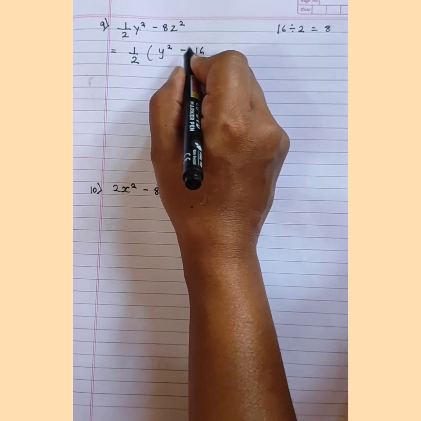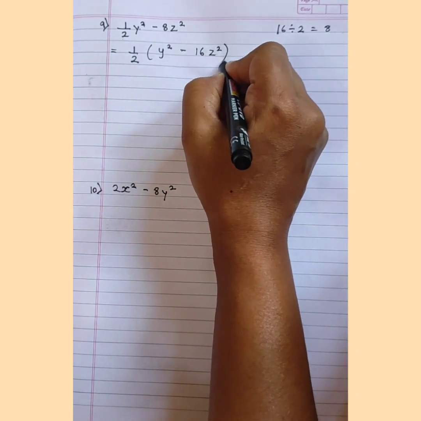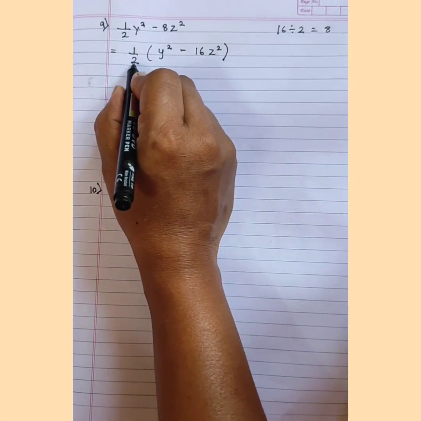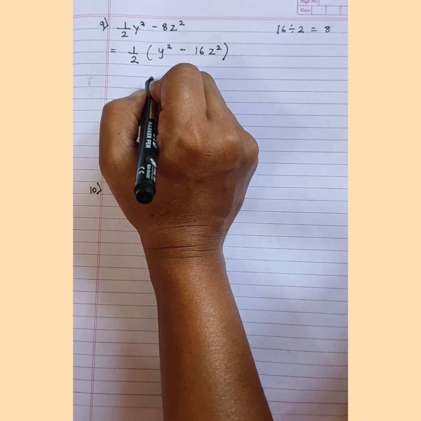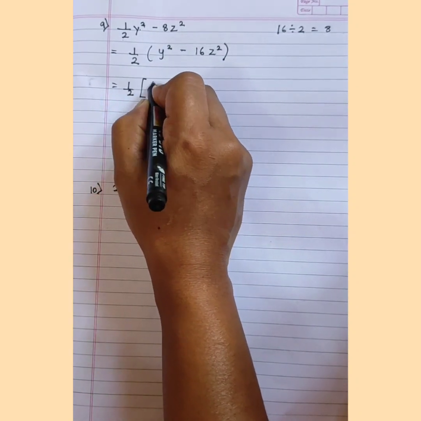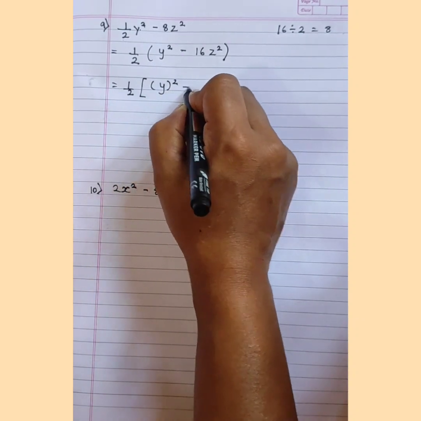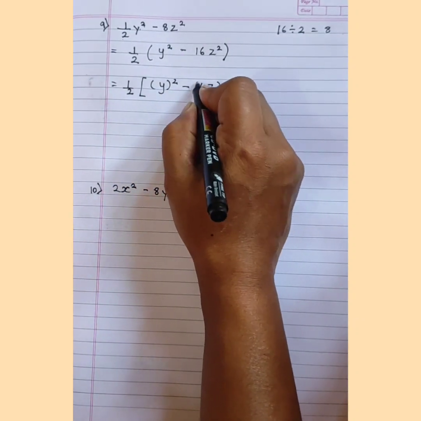So 16 divided by 2, we get 8z square. So you can write half y the whole square minus 16z square, that is 4z the whole square.